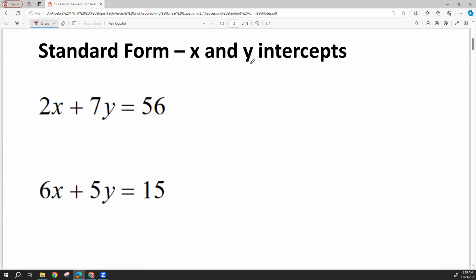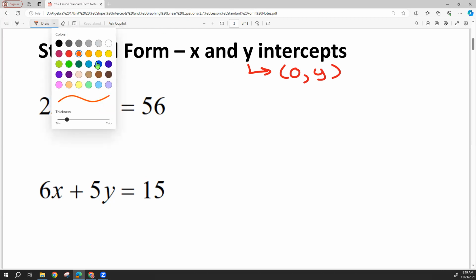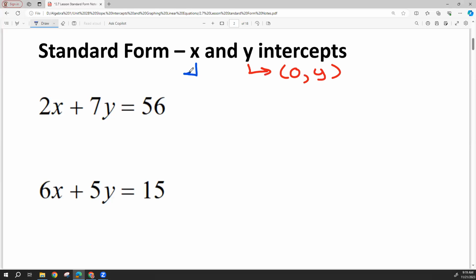From our previous lesson, our y-intercept always had an x value of 0, and then we had a number in the y spot, which we used as b to write the line in y equals mx plus b form. An x-intercept is always going to have a number for x and a 0 for y.